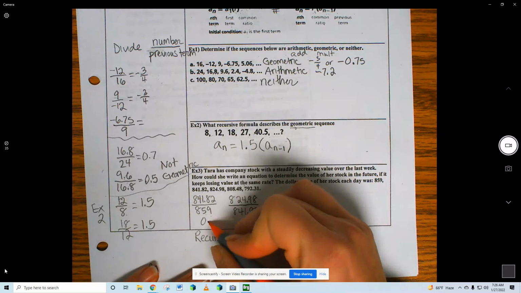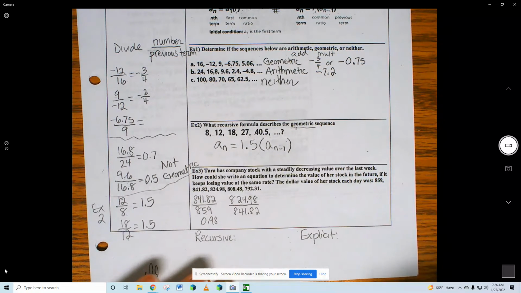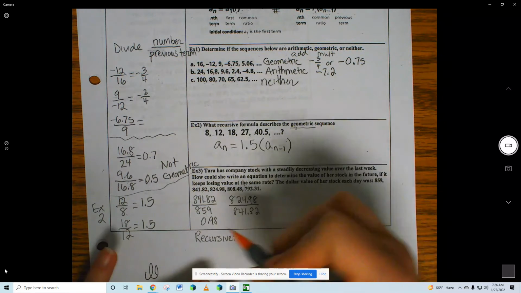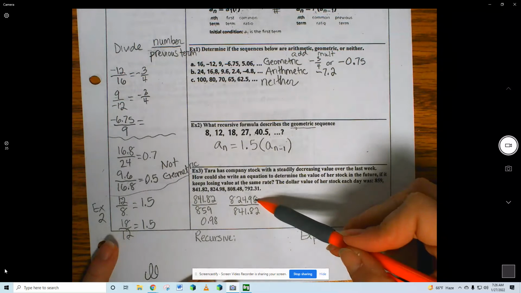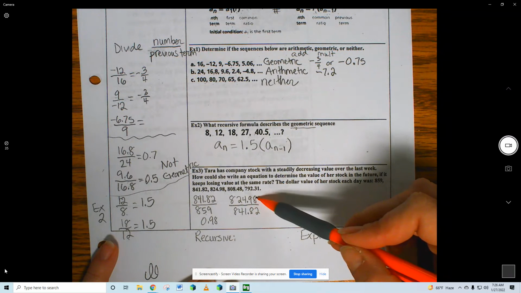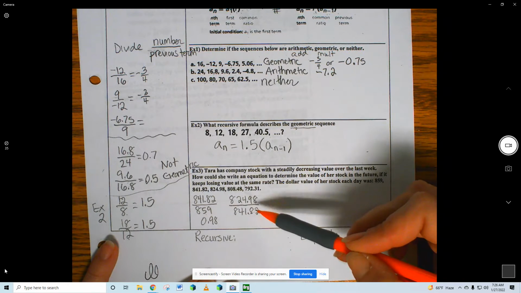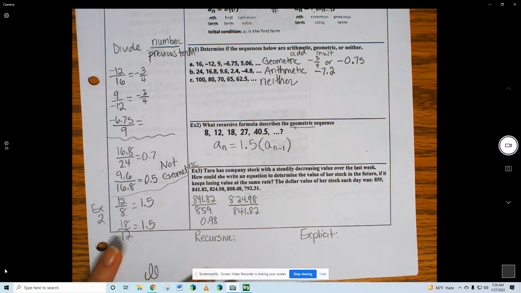Is this the same person responding over there? Okay, I need new people. You guys talk. Volunteer. It's the same people. Is 824 and 98 hundredths divided by 841 and 82 hundredths the same? Is it 0.98?